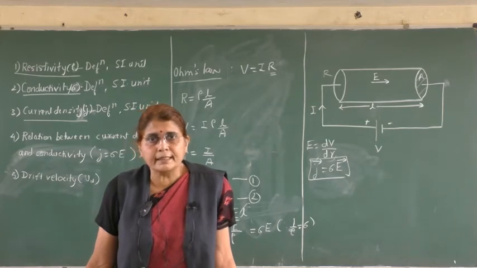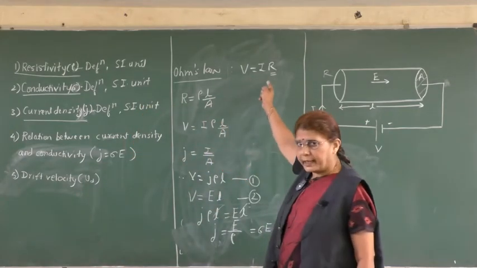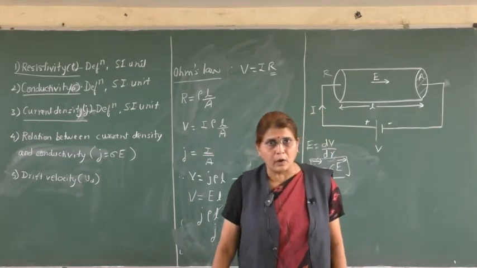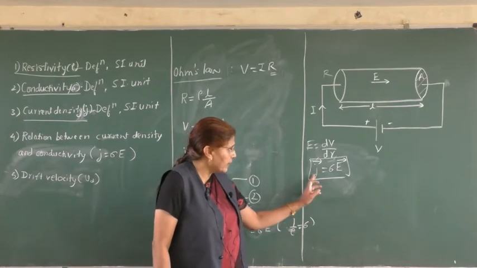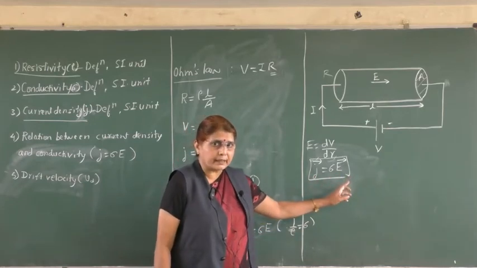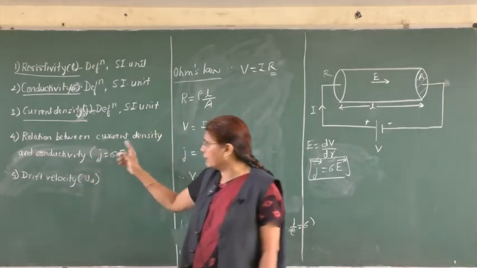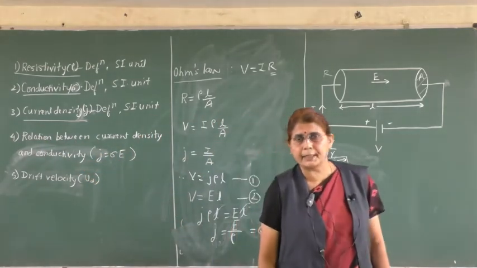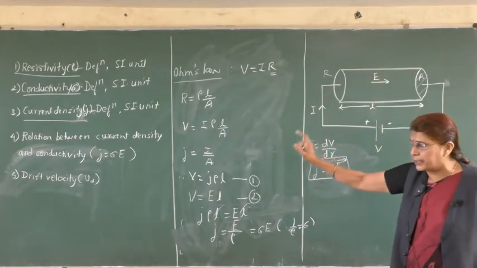Sometimes it is called the equivalent form of Ohm's law. Ohm's law is V is equal to IR. This is one way of expressing Ohm's law. And the microscopic form of Ohm's law can be written as J is equal to sigma E. So this is the third point I had to cover, that is relation between current density and conductivity. So in this derivation, this is the figure required. We need two equations for V.